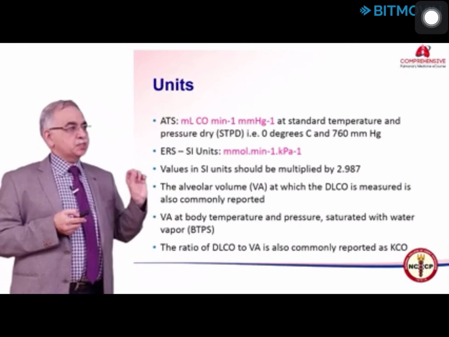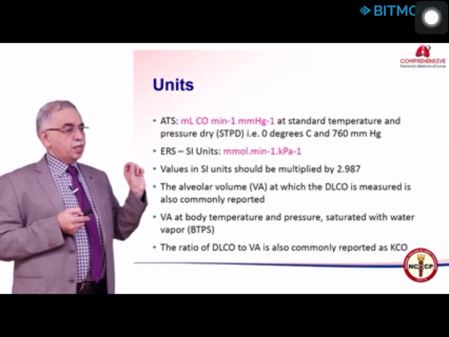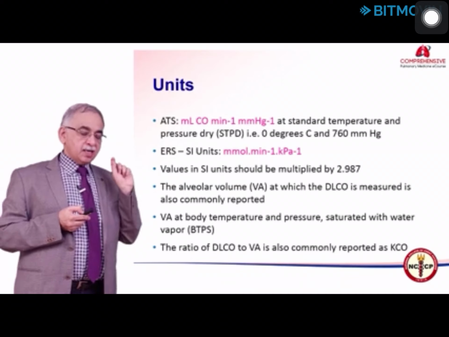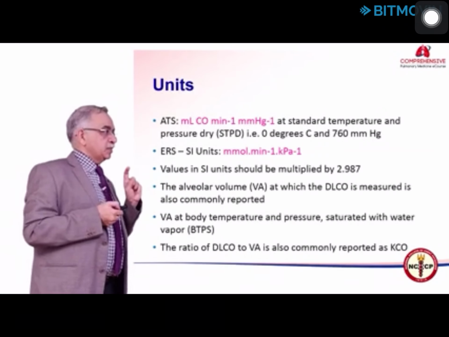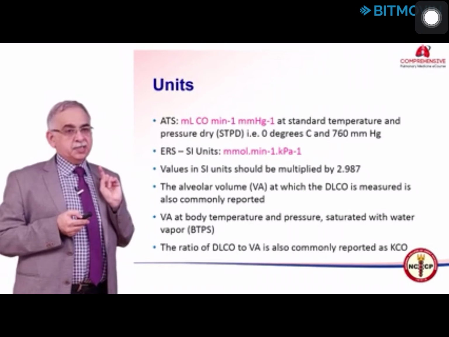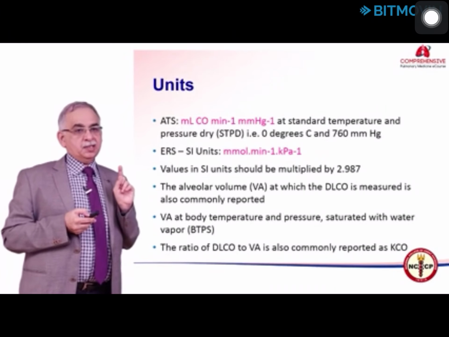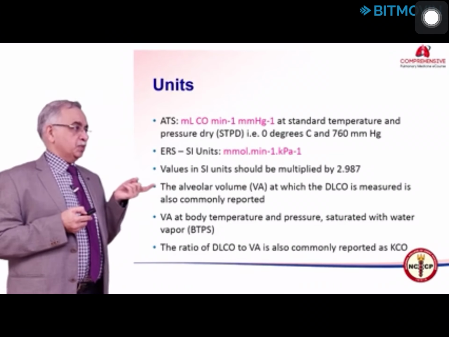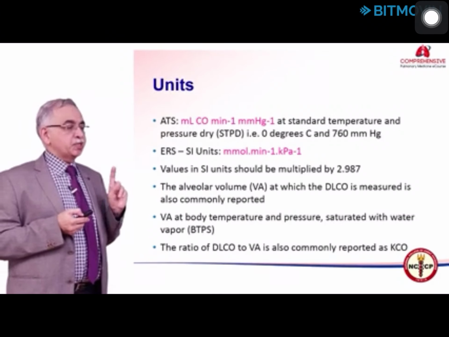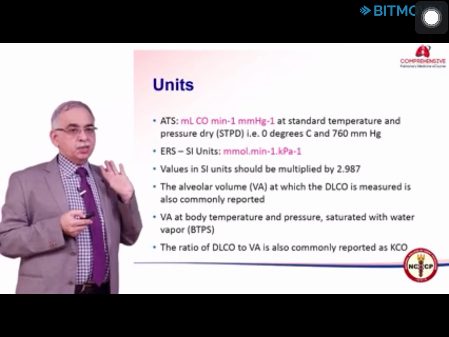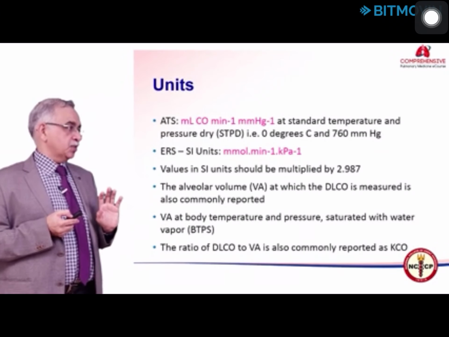So, DLCO is measured in ml CO per minute per mmHg, and unlike spirometry, this is expressed at STPD conditions, that is, there is no BTPS correction the way we do in spirometry. So, this is expressed at 0 degrees centigrade and 760 millimeters of mercury, at which it is standardized.